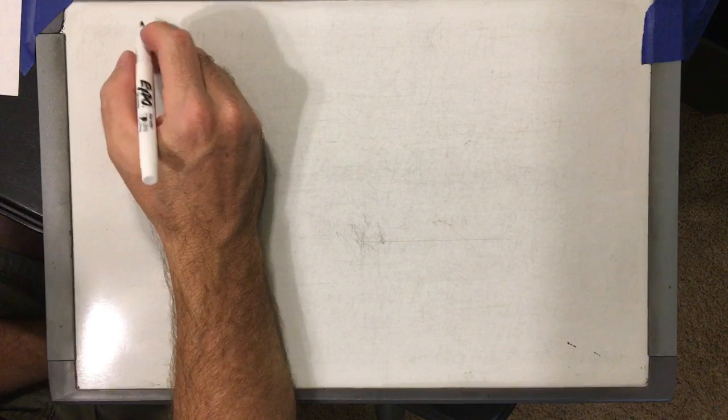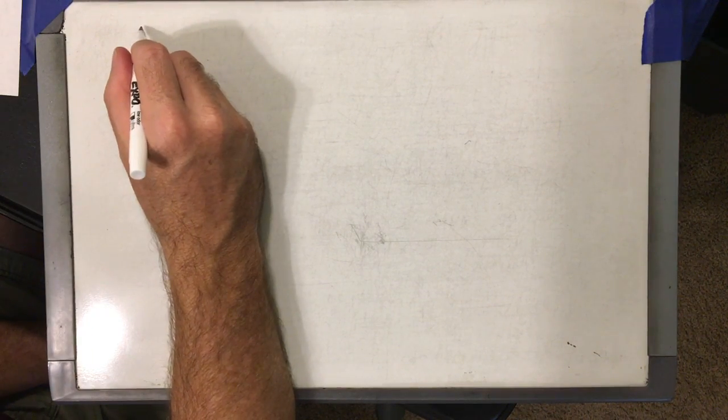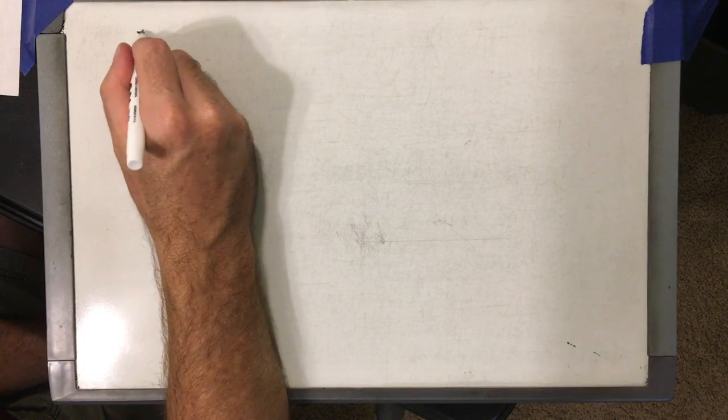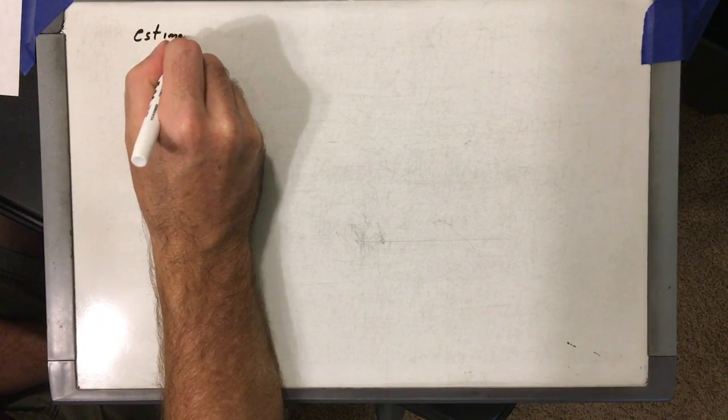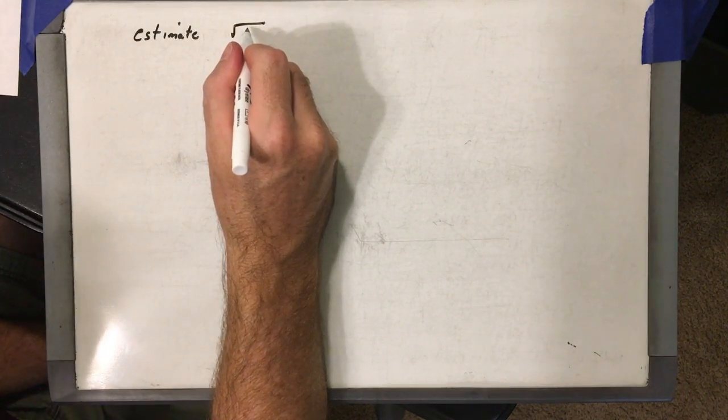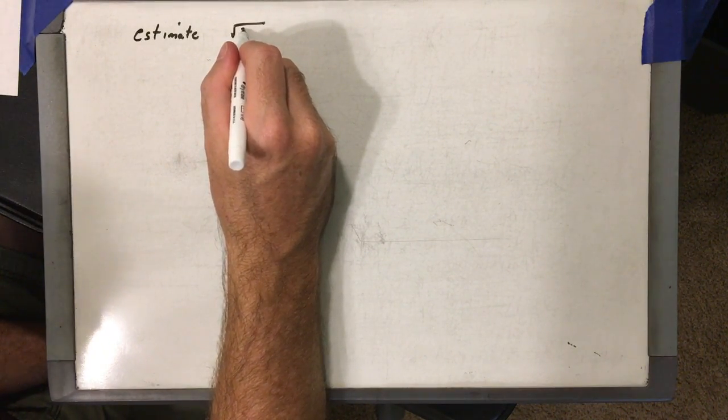So that'd be like, I don't know, what would be a good one? Let's try, how about we want to estimate the square root of 24.9.